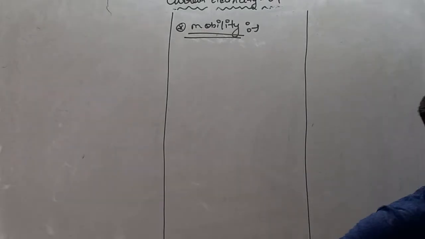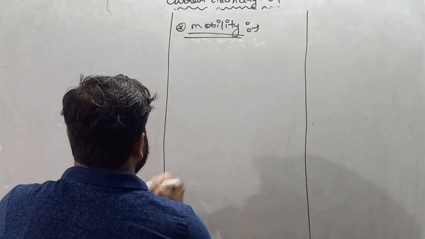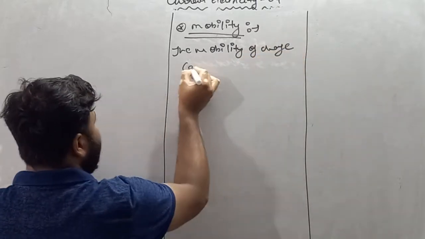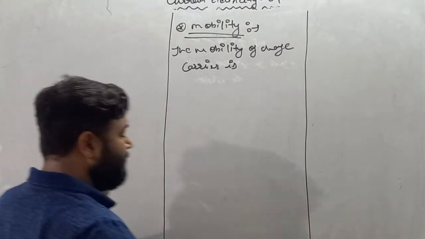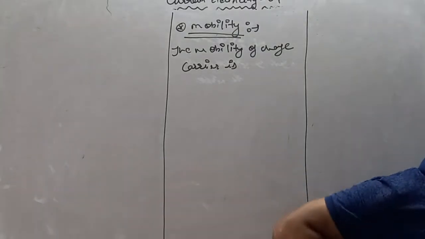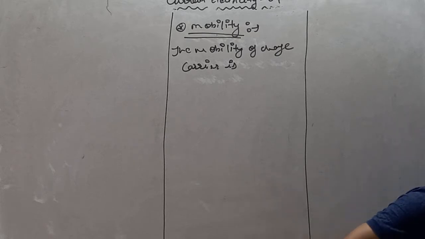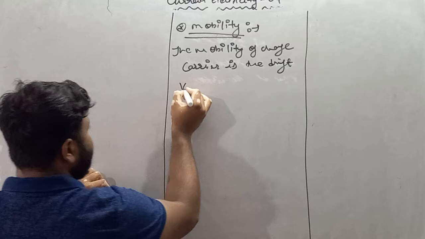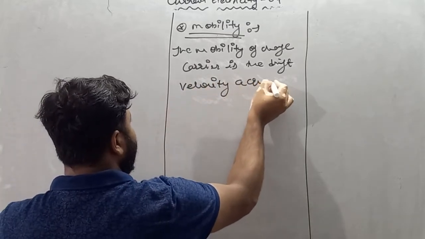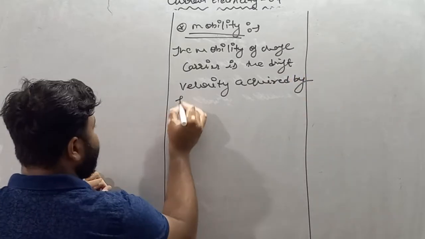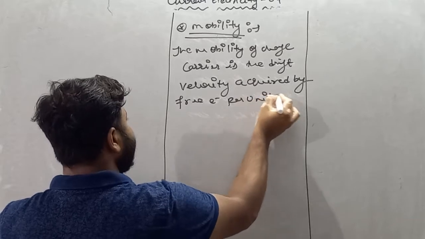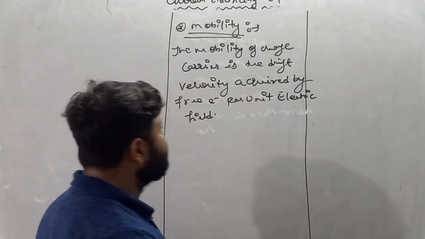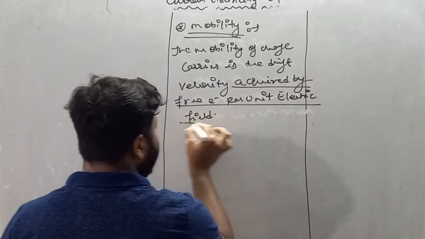So write down: the mobility of a charge carrier is the drift velocity acquired by a free electron per unit electric field.